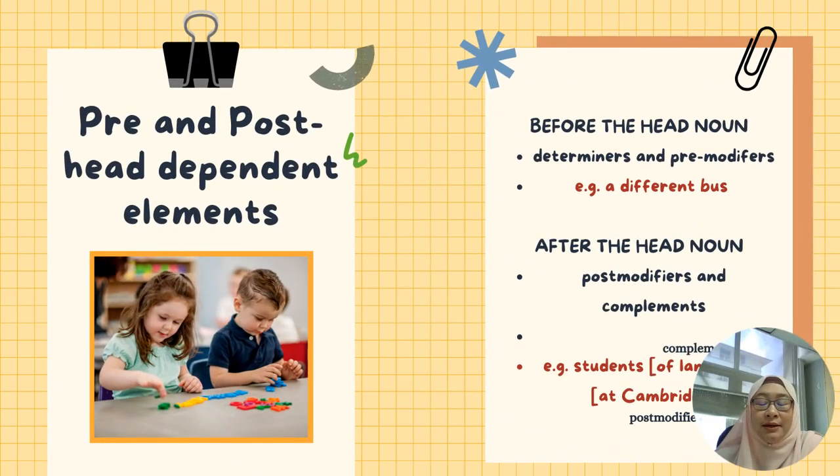And these are more examples of how a head noun can be pre- and post-modified by its dependent elements. For example, after the head noun it can be post-modified plus a complement, as in the sentence, students of languages at Cambridge.